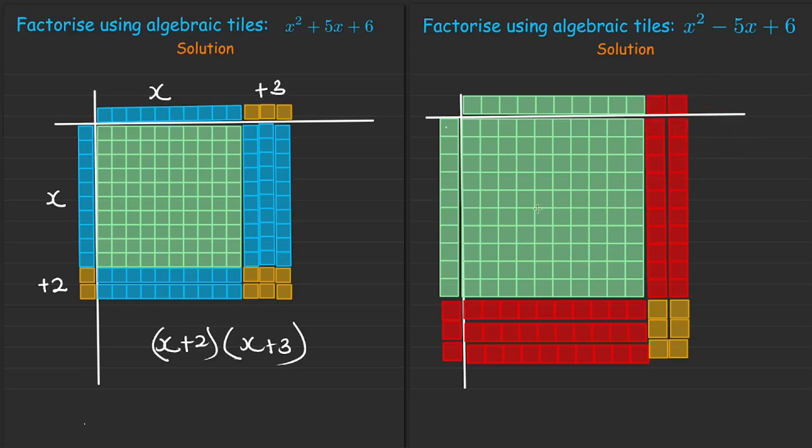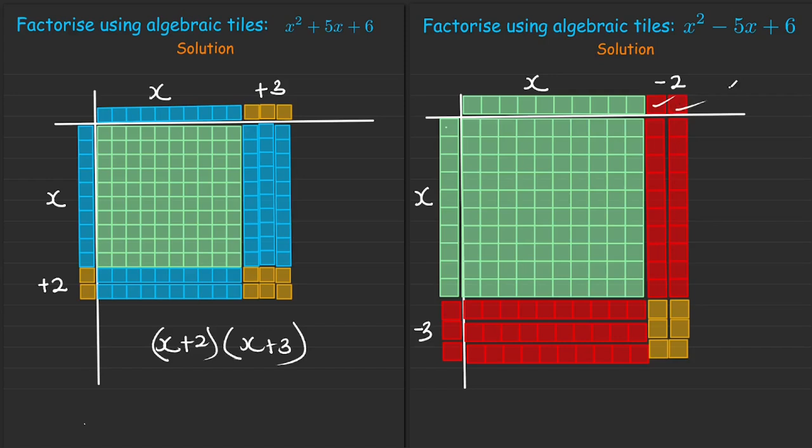Now that we've been able to fill to get our rectangle, we then go straight to our solution. This here represents an x. There is x and then minus 3 over here. That is 1, 2, 3, minus 3. And then for what we have here, there is an x and then a minus 2.